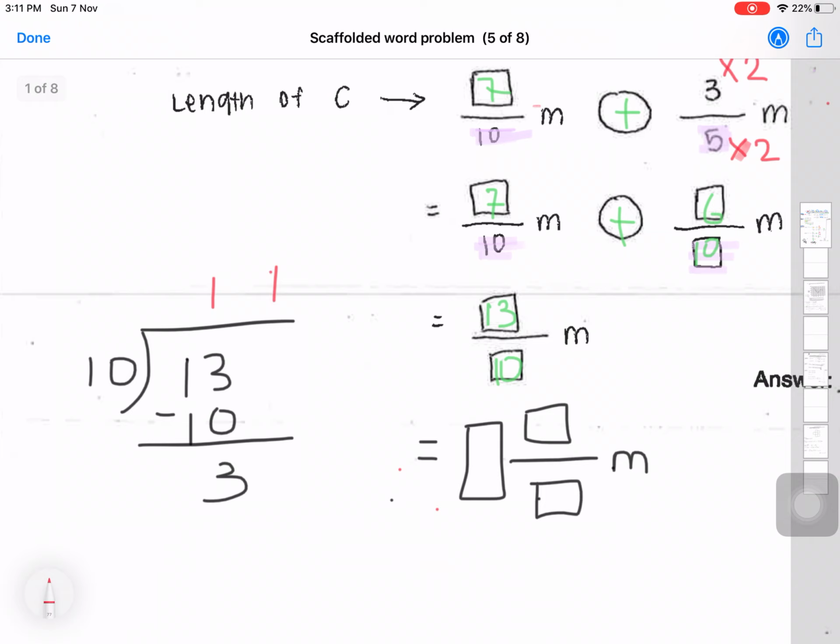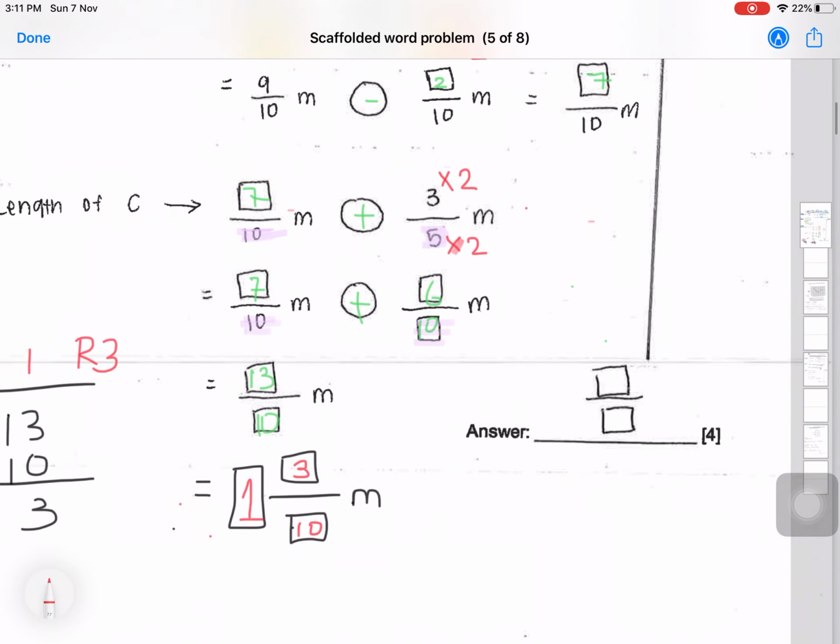So we got 1, remainder 3. So 1 would be the whole number, 3 is the remainder, and the denominator is 10. So it's 1 whole 3/10.